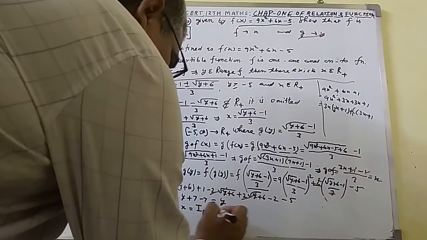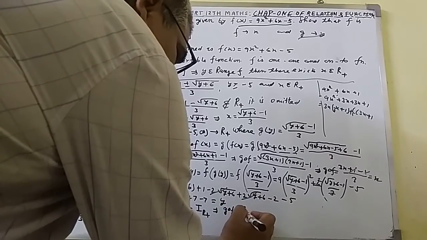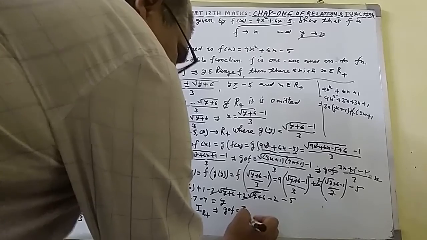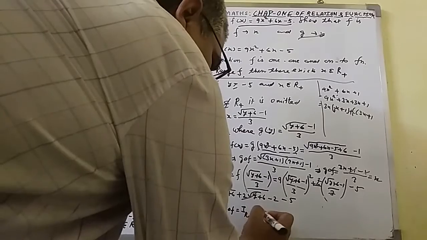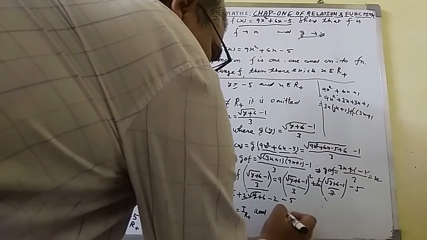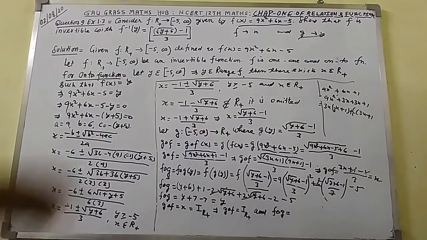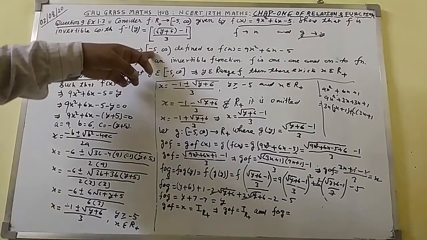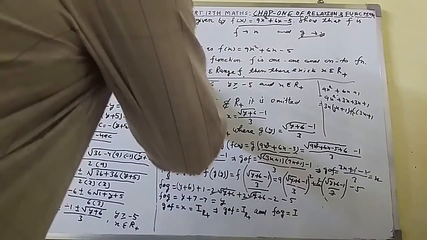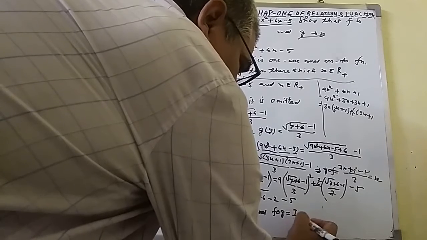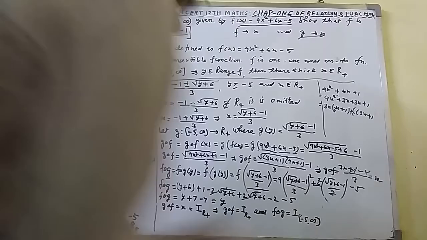So here you can imply that gof equal to the identity function on the set of positive real numbers. Again, fog equal to y, so y is in the original function, so this will become the identity function on the set, closed interval −5 to infinity, open.